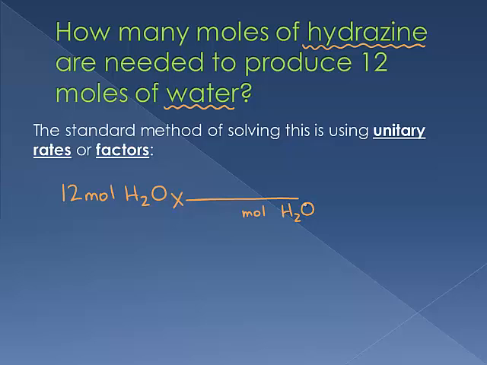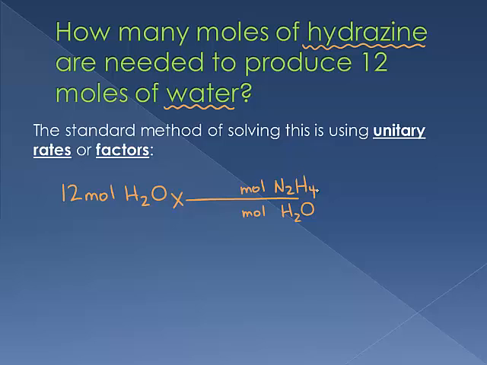Now I know that 1, I can only change one of those parts of the unit, and 2, I have to look at what it's asking me to calculate. Well, it's asking me to calculate moles of hydrazine. So I'm going to keep the mole part of the unit together, and now I'm going to change it to hydrazine, N2H4.